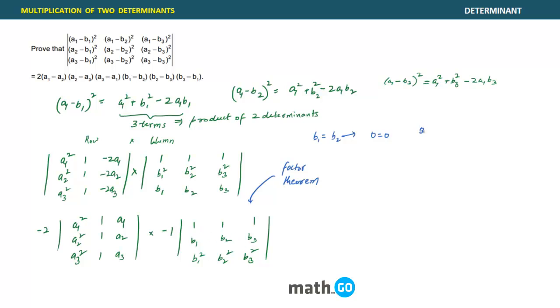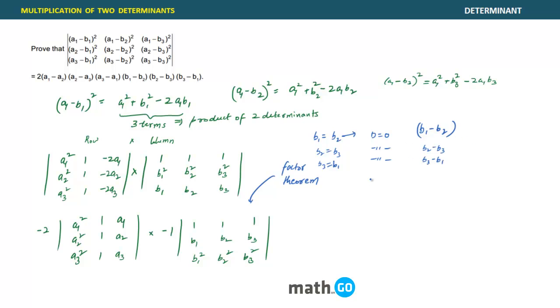That implies b1 minus b2 is a factor, right? Similarly, if you put b2 equal to b3, again this will occur, and I can now say b2 minus b3 is a factor. And since I can say b3 is equal to b1, again it is 0. So b3 minus b1 will be a factor again, right?